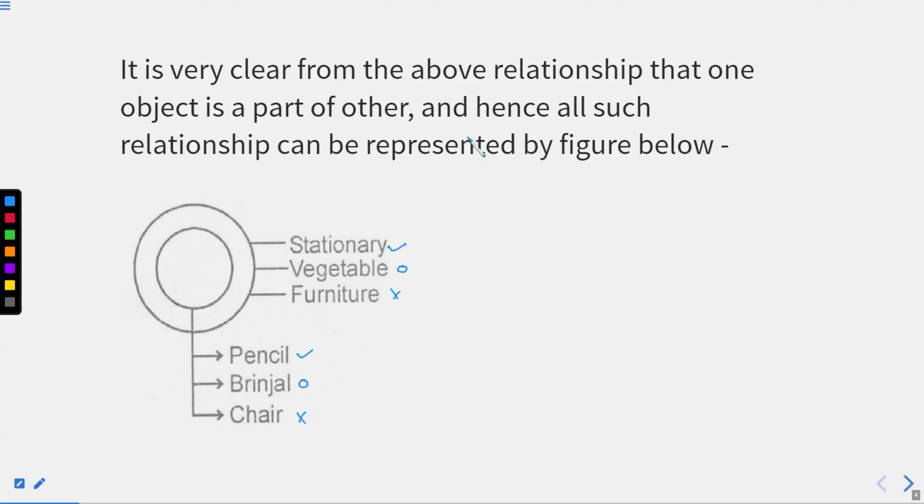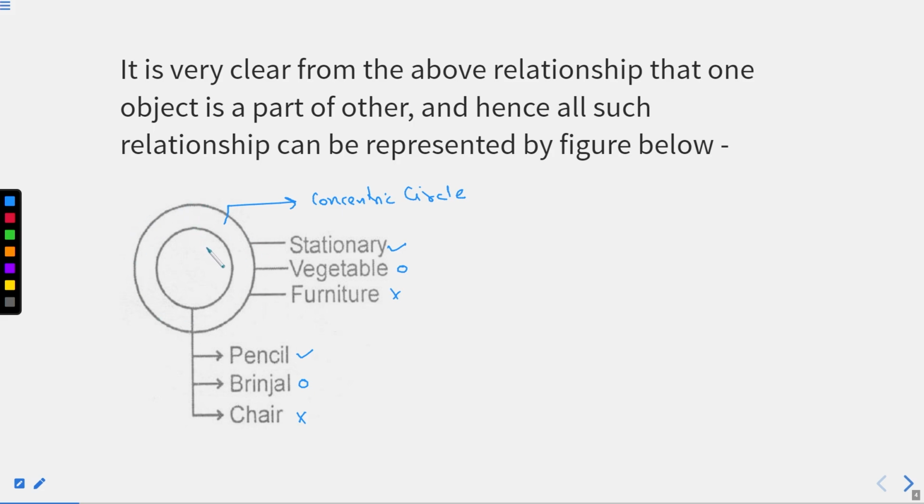Hence, all such relations can be represented below with the help of concentric circles, right? It means whatever thing is inside the inner circle will also lie in the outer circle.